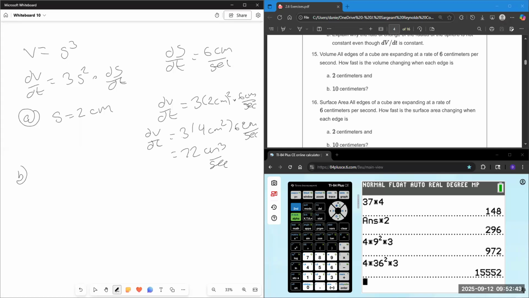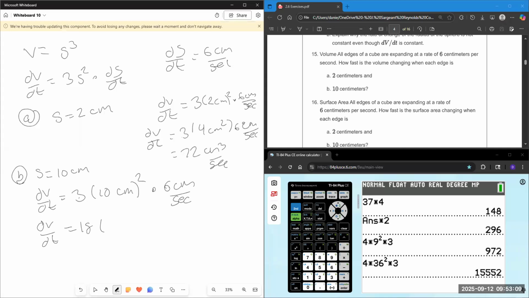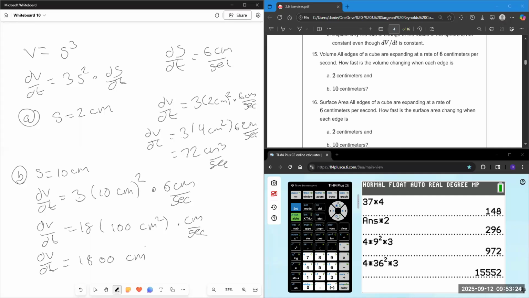When s is equal to 10 centimeters, then dV/dt is 3 times 10 centimeters squared times 6. So 6 times 3 is 18 times 100 square centimeters. dV/dt is equal to 1,800 centimeters cubed per second.